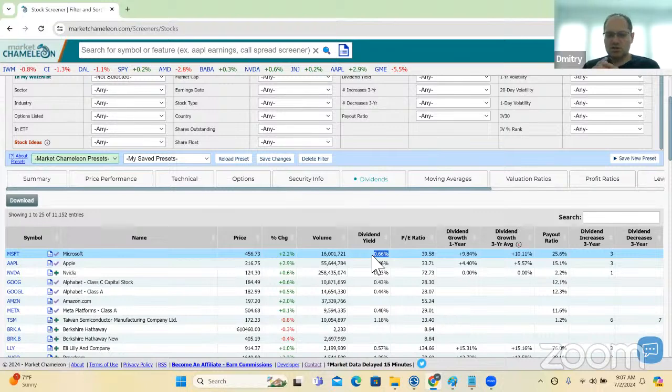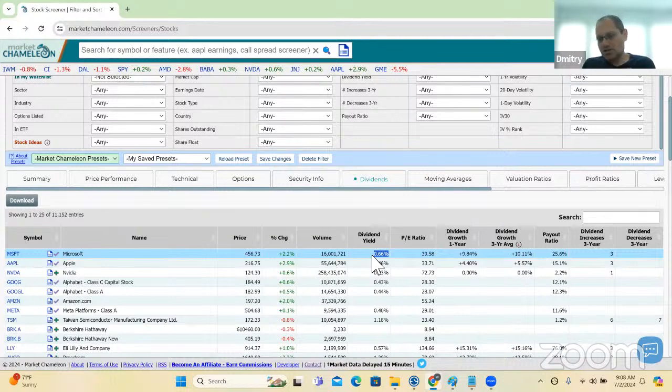And when we talk about dividends, a dividend is something that a company distributes to its shareholders, right? In this case, we're looking at a cash dividend.